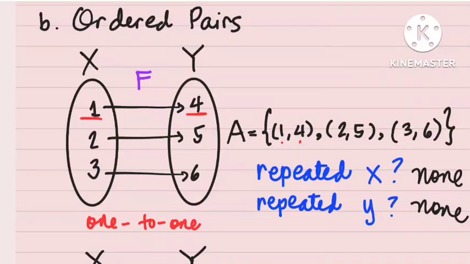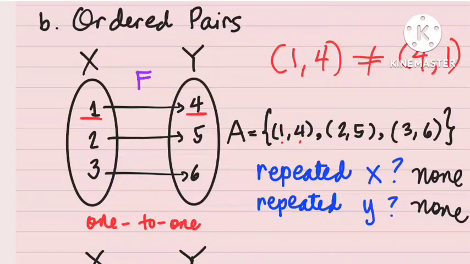Ordered because 1, 4 is not necessarily the same as 4, 1. If you change the order of the numbers inside the parentheses, then we'll have another pair. So it's important to take note of order here.